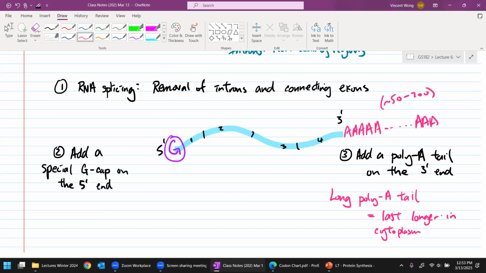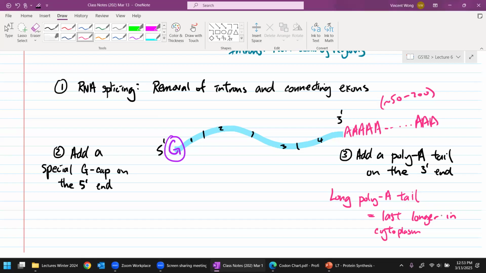If the poly A tail is relatively short, then this thing will break down after some time, and then you won't make the protein anymore. But if you need to make the protein for the next couple of days, then you need a longer poly A tail. So you don't have to keep on doing the transcription over and over again. You understand that?